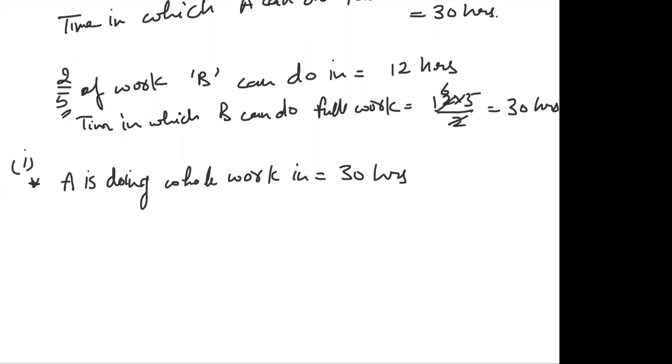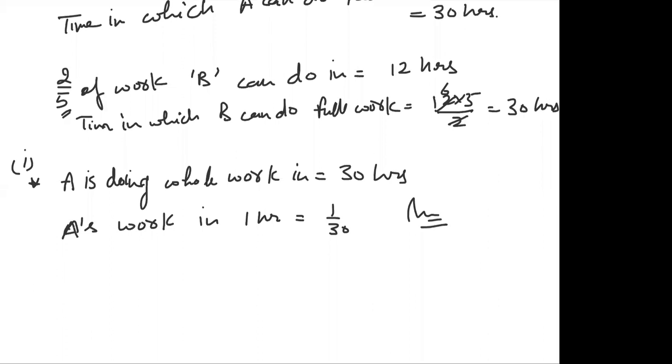A is doing the whole work in 30 hours, so A's work in 1 hour is equal to 1 upon 30. This is the answer, because in part 1 the question was asking what is A's work in 1 hour.